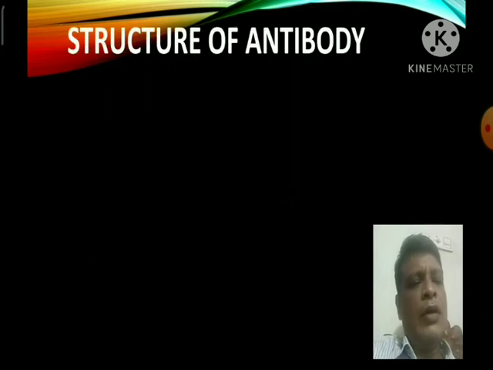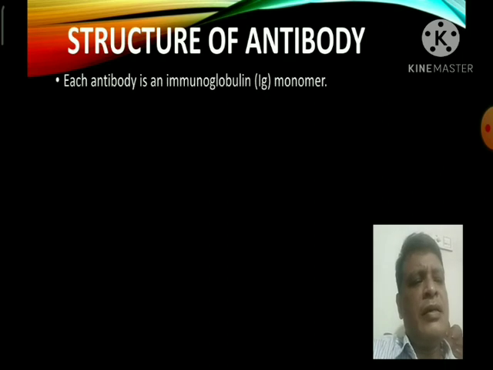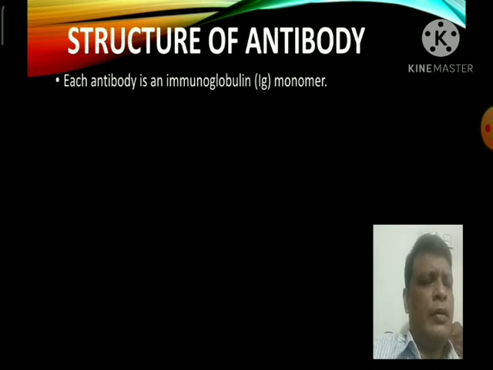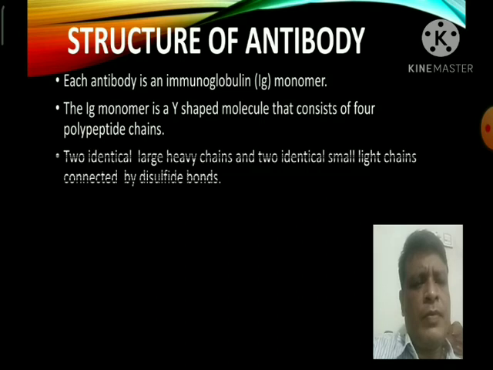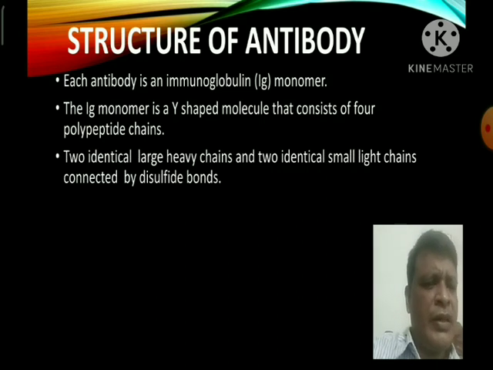Now I would like to discuss in detail the structure of the antibody. Each antibody is an immunoglobulin, Ig, monomer. The Ig monomer is a Y-shaped molecule that consists of 4 polypeptide chains: 2 identical large heavy chains and 2 identical small light chains, connected by disulfide bonds.